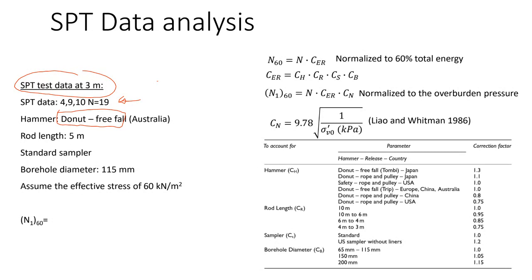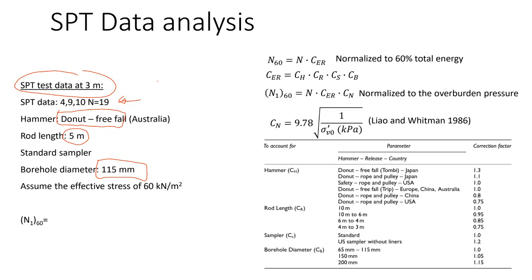Rod length was 5 meters. We use a standard sampler to perform this test, and borehole diameter was 115 millimeters. So this is something that you just get from the field when you perform this test. That's technical data from the equipment.